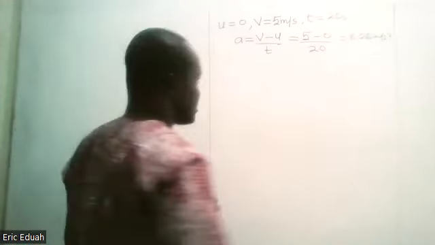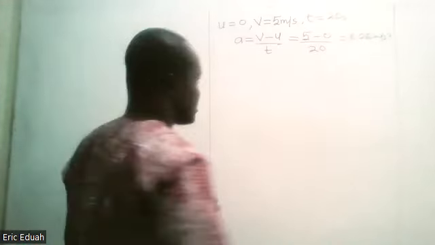Please, how are we getting the 0.25? Okay, so let's see. We are given the initial velocity. We are given the final velocity. But the rate at which the body accelerates, we don't know, and that's what we are looking for.